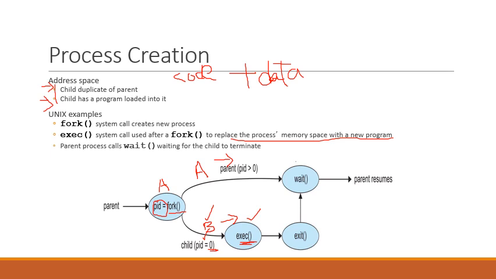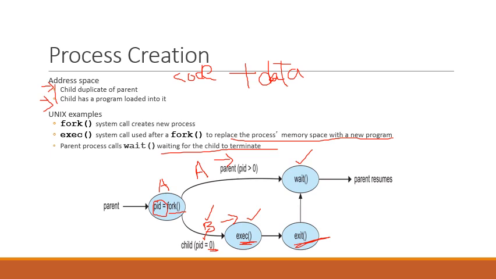Now process A has executed the wait system call. The semantics of the wait system call is that if the parent has executed the wait system call, then it will wait for the child to terminate. It will not execute until process B has completed its execution. So process A will wait until process B completes its execution, and by using the exit system call, process B will notify that it has finished its execution.